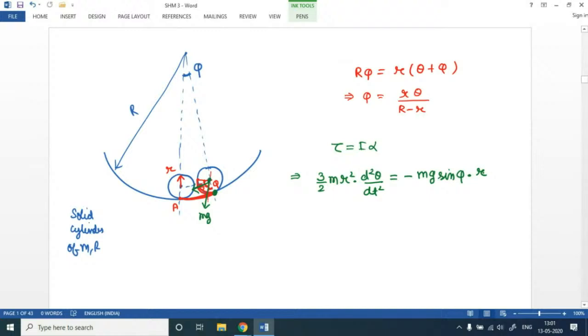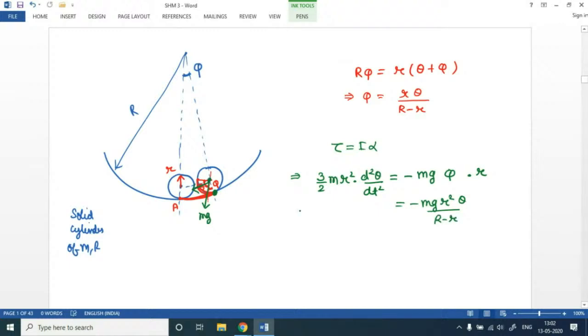And sine phi will approximately be equal to phi. Okay, and phi we have already got in terms of theta, so if we substitute the value of phi, that would be nothing but minus mg times r theta upon capital R minus r over here, right?